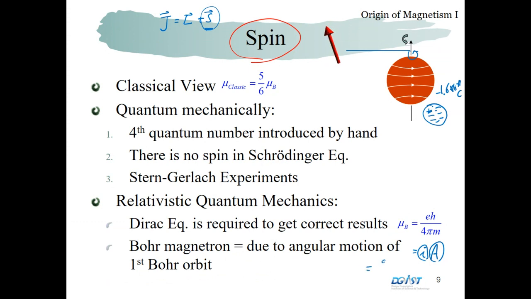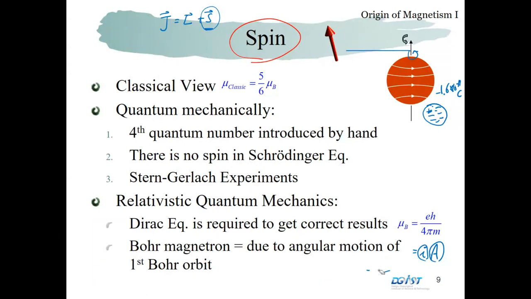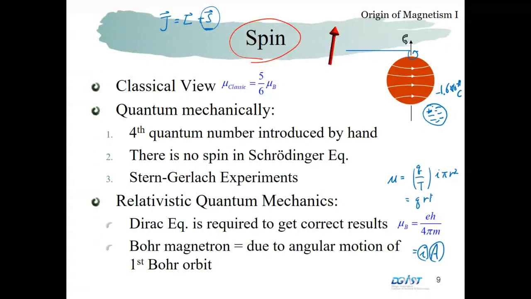If we recall your memory, this is the current I in this form, in the previous calculation.